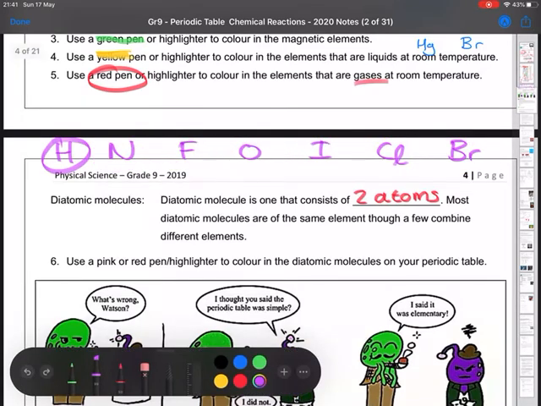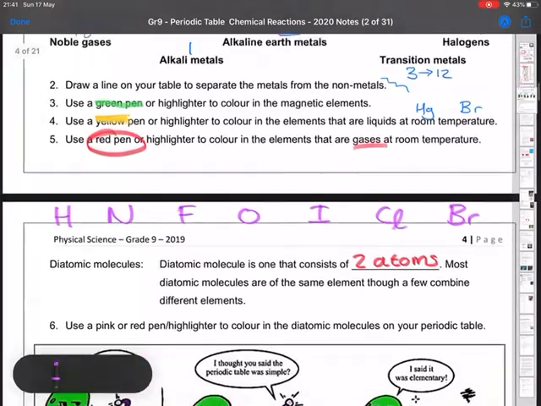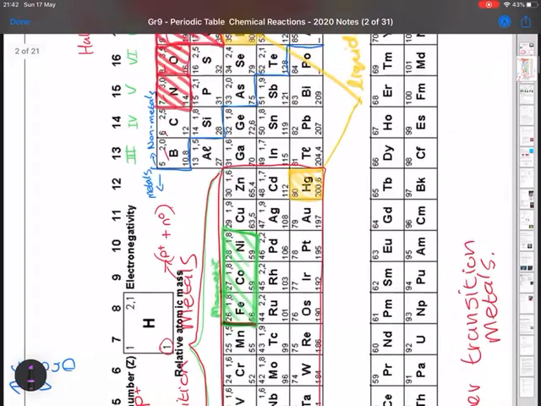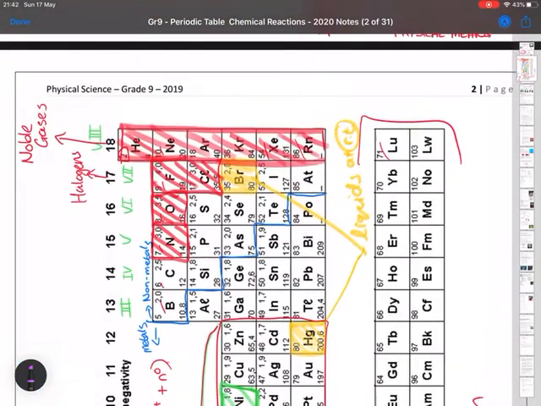So on your periodic table, nitrogen, oxygen, fluorine, chlorine, bromine, iodine, and let's also show hydrogen. So those are diatomic elements.